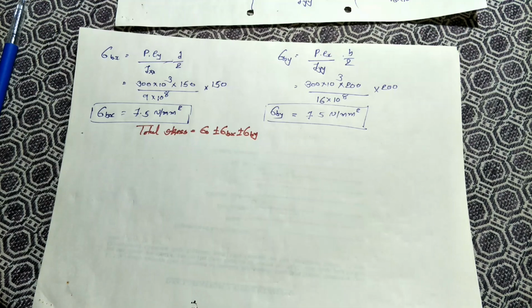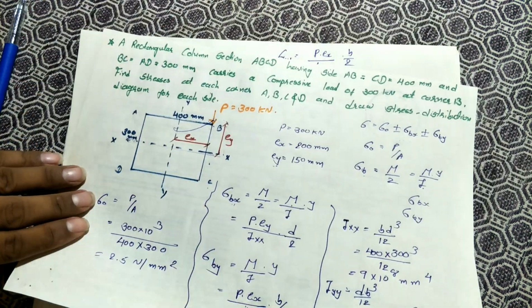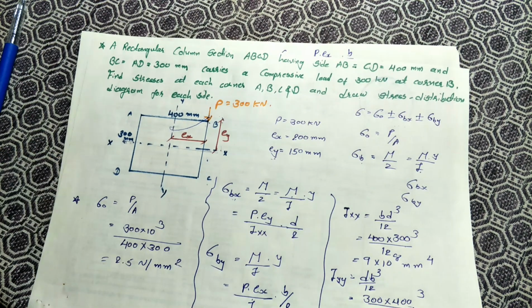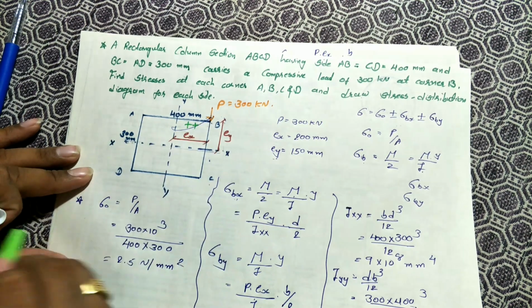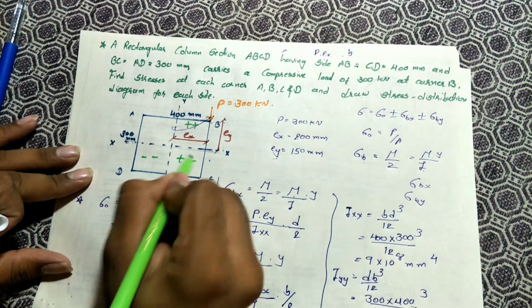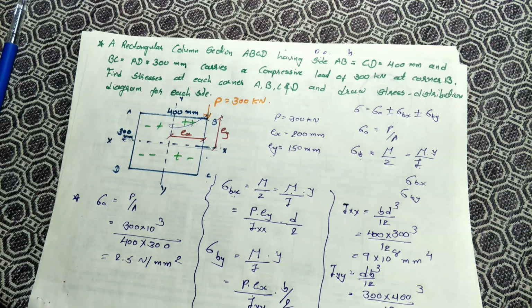Why the plus or minus sign? If we calculate like a quadrant, this is plus plus, this is minus minus, this is plus minus, and this is minus plus.